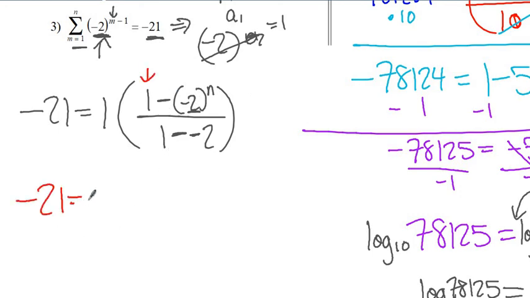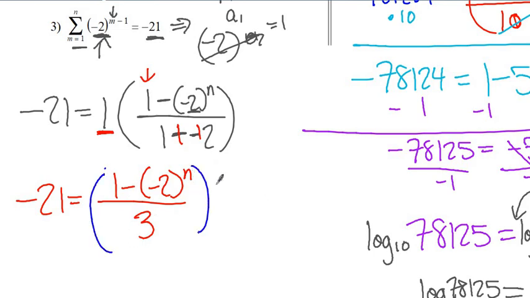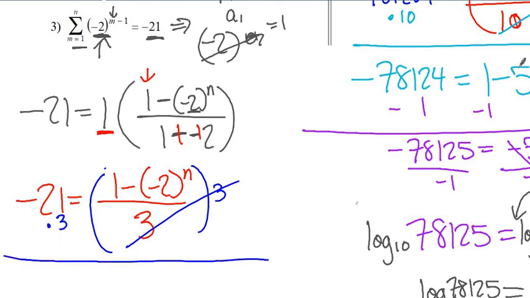So let's simplify that. So -21, we don't need the 1 there because 1 times anything is itself, so we'll ignore that. Minus -2 is like +2, so that's 3, and then we have 1 minus, again, -2 to the n. Let's get rid of the 3 by multiplying both sides by 3. So that will cancel. This times 3 is going to give us a value of -63.